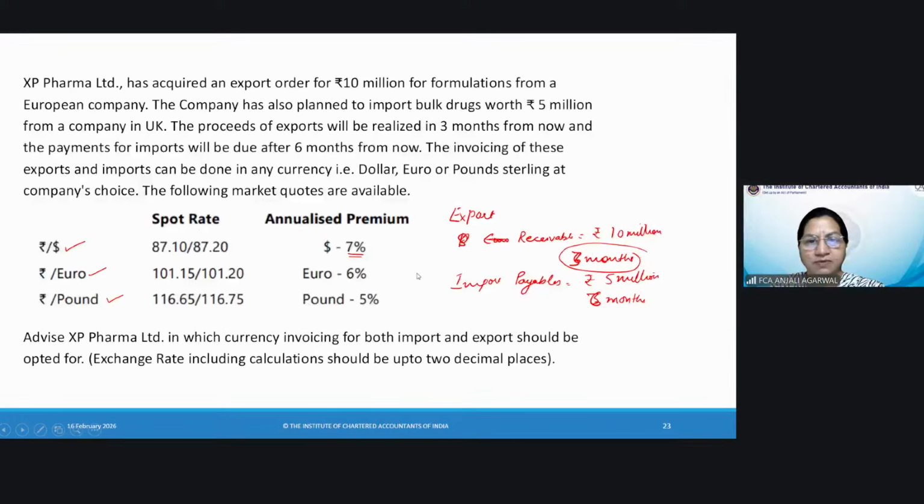Okay, there is an MCQ question. If you raise it in dollars, what will be the inflow? So you have 10 million.